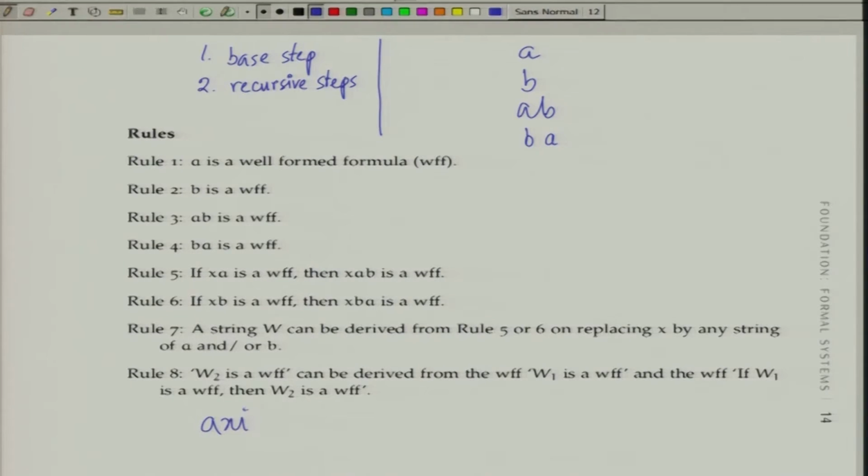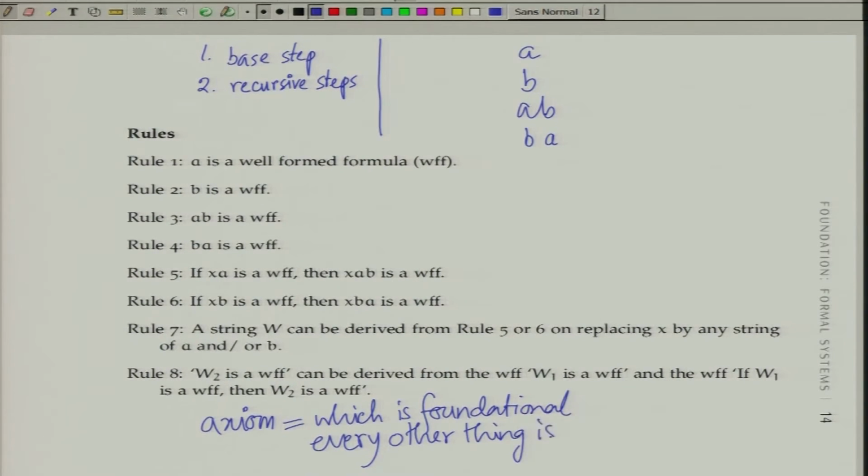An axiom is something foundational which cannot be created, which cannot be made. It is foundational, and every other thing is made up of axioms.